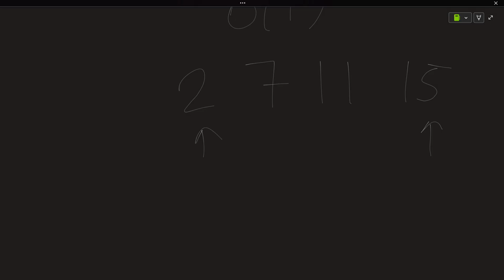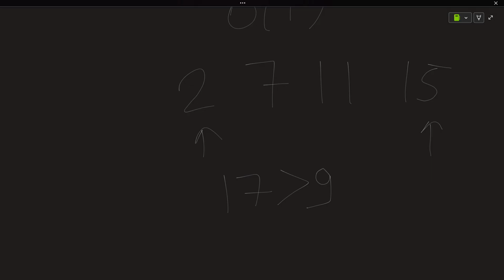Here the sum of 2 and 15 is 17, and it is greater than the target element. So I need to reduce the sum. To reduce the sum, I need to go in the left direction and move the right pointer by 1, because the right pointer is pointing to the largest element. If I reduce that, I can find a sum lesser than the previous one.